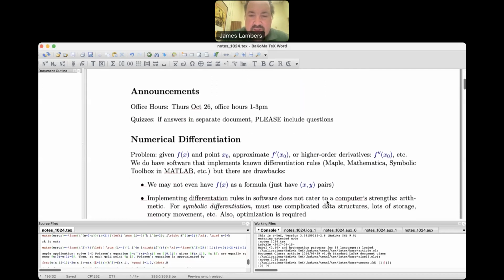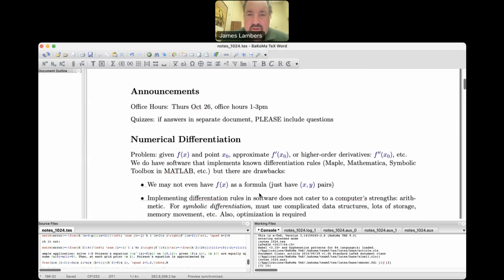Second, even when you do have f of x as a formula, software that implements these differentiation rules does not lead to the most efficient way to compute a derivative. It doesn't cater to what computers do best: add, subtract, multiply, divide.